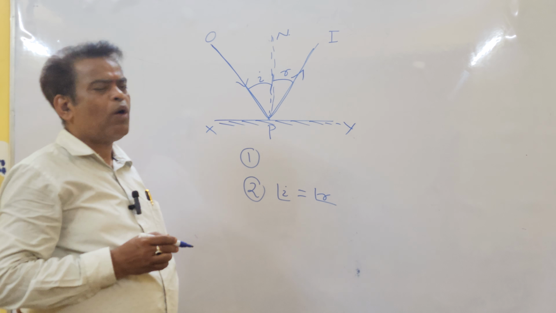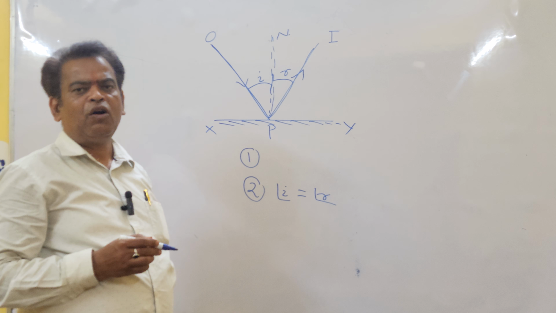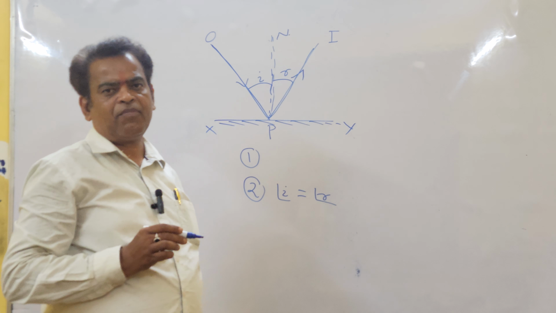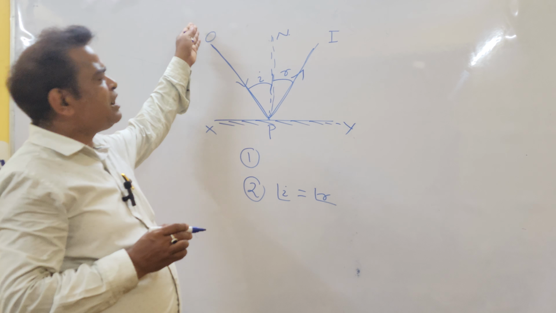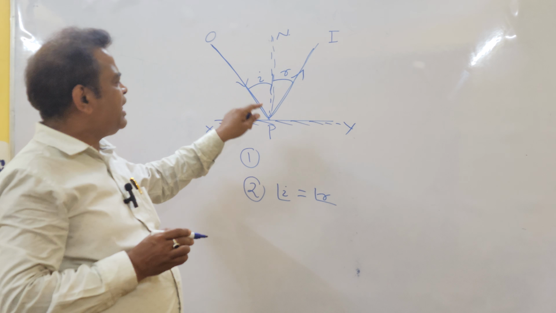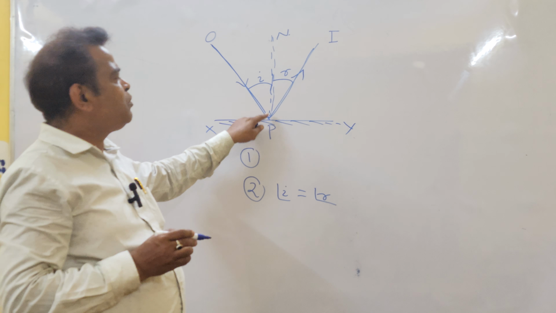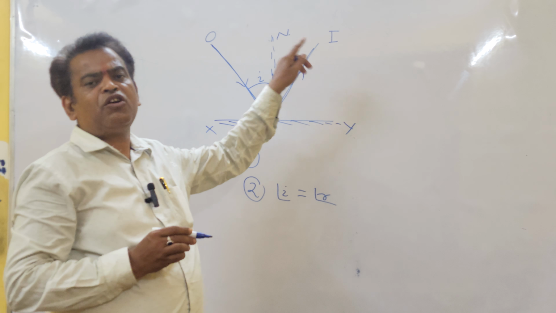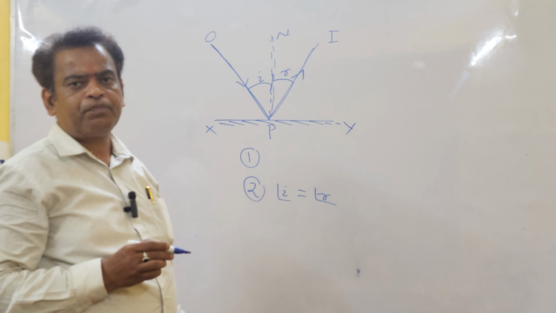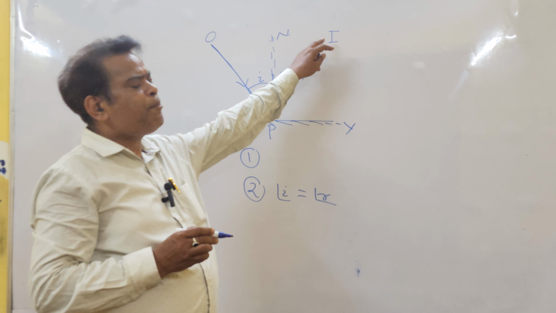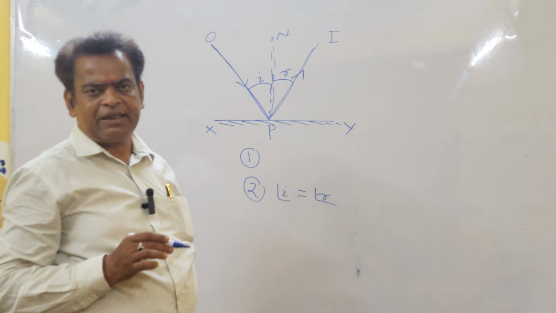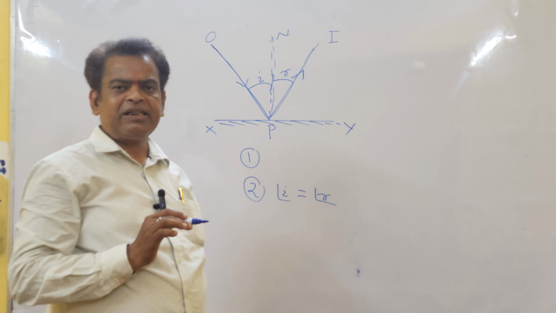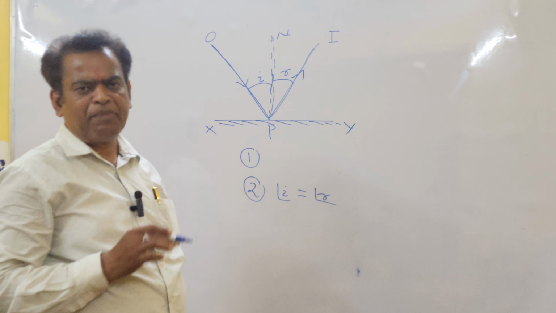Also in part 1 of the reflection of light, we already discussed the formation of an image. A ray of light coming from the object O takes reflection at the point P. If the rays of light meet at the point I, then I is the image of the given object O. Image formation is of two types: real image or virtual image.